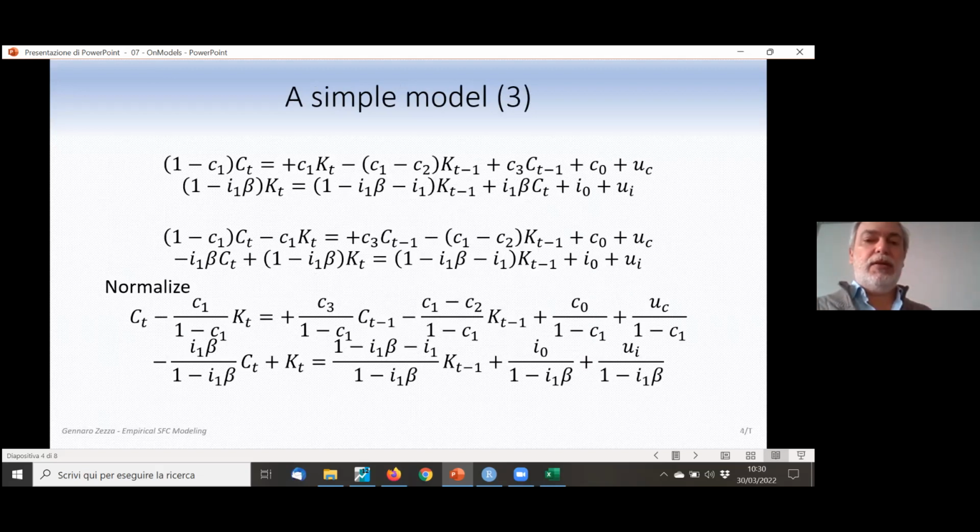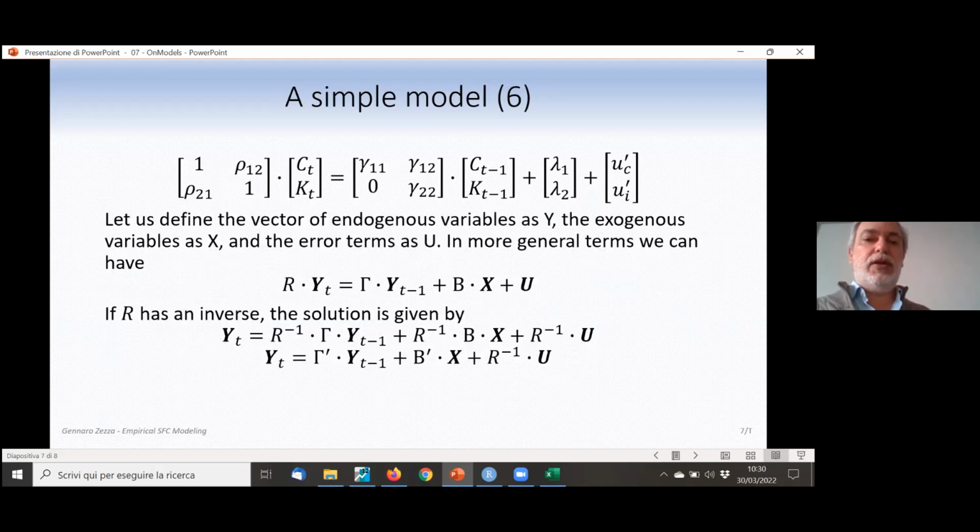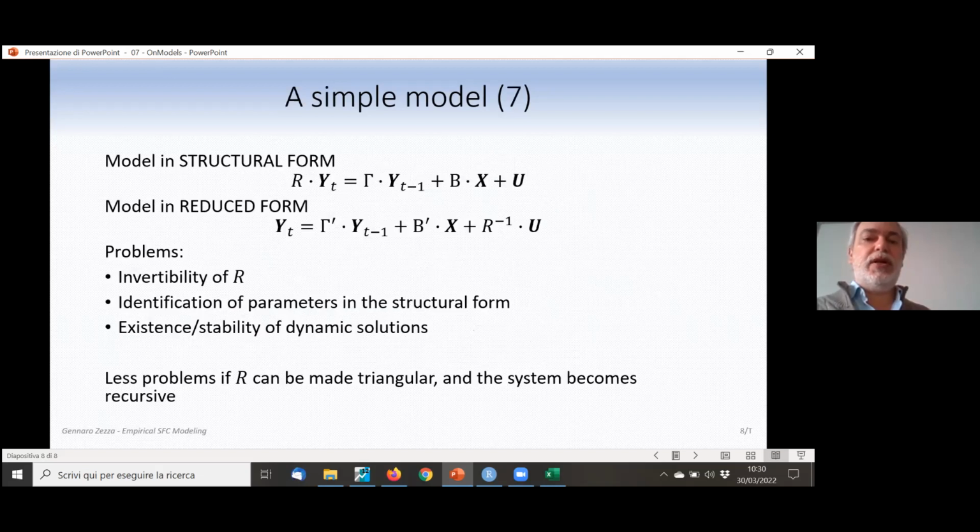And the last thing which is connected to these stories is the stability of the solutions. Usually this is more of a problem when you do theoretical models.